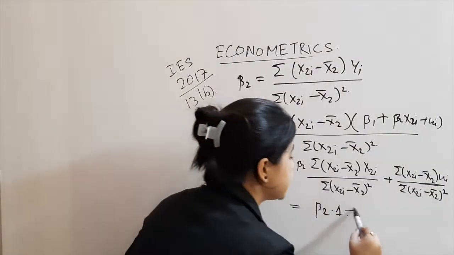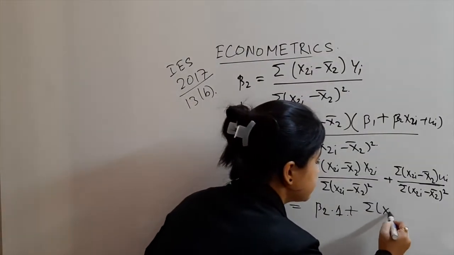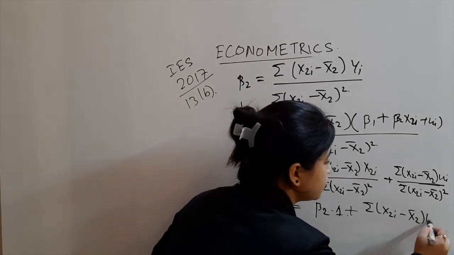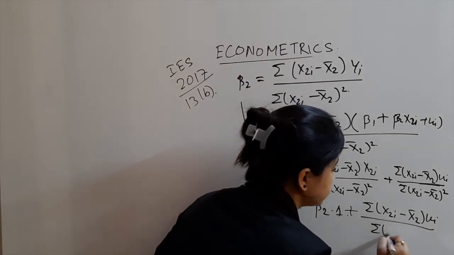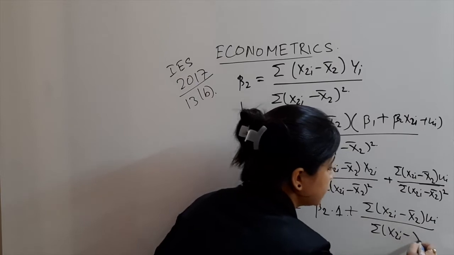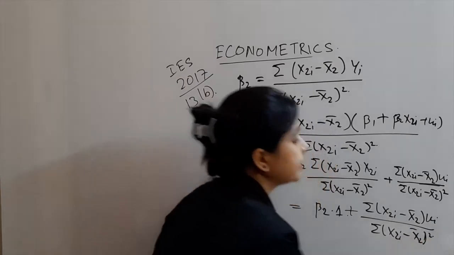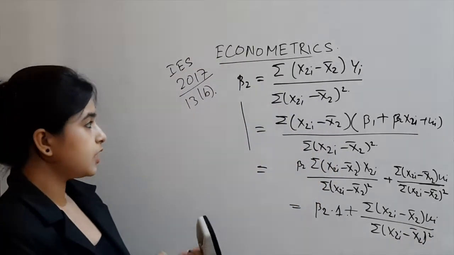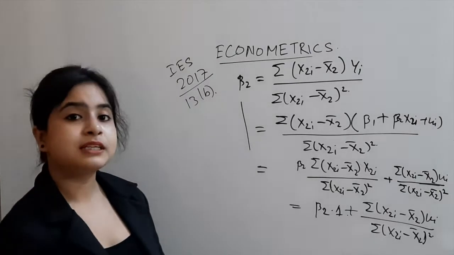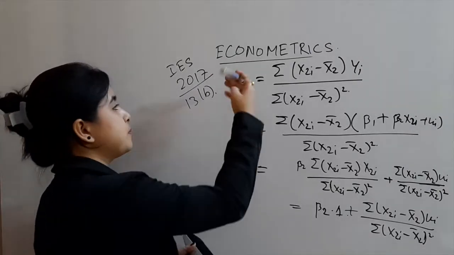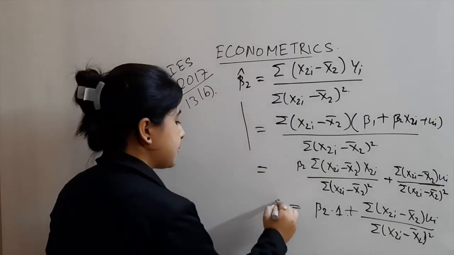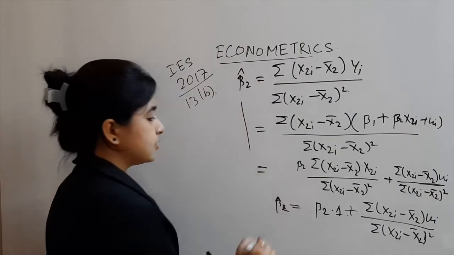This term remains as it is: summation (x2i − x2 bar) into ui divided by summation (x2i − x2 bar) whole square. So this is the value of beta 2 hat that we have obtained, right? So this is beta 2 hat.